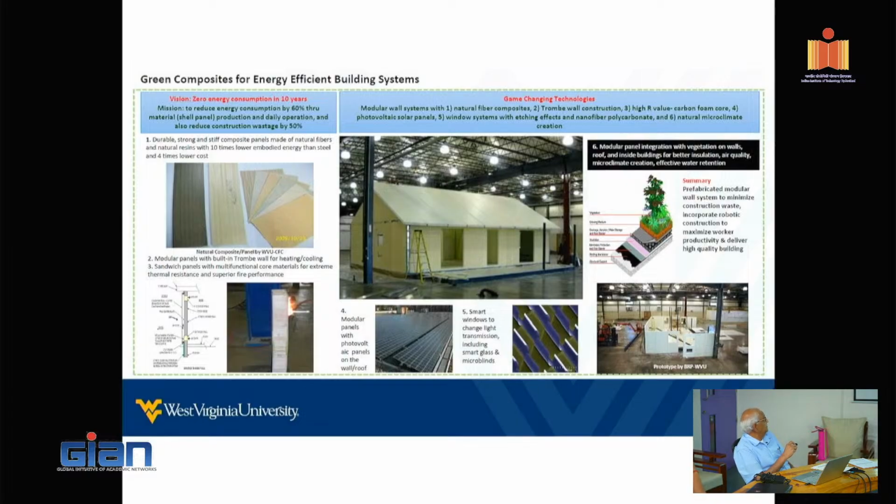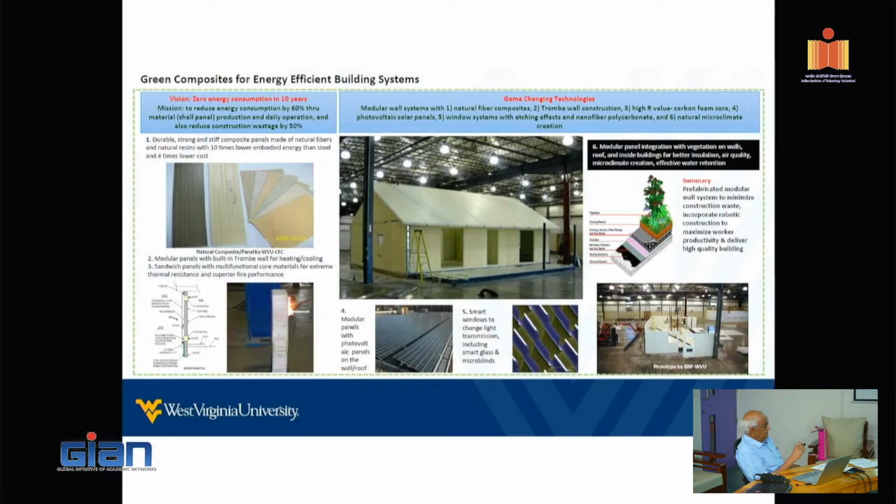The second one is the modular panels with a built-in Trombe wall concept or not, I won't go there, but you need a special wall for the heating, cooling. All that means is you're going to draw the geothermal energy. How do you draw it? Not by a pump, by a convection principle you draw that. Anyway, I'll leave it there, but that's another one.